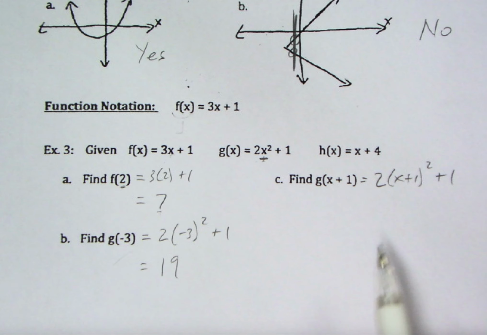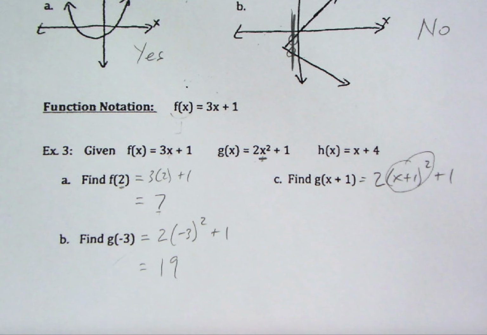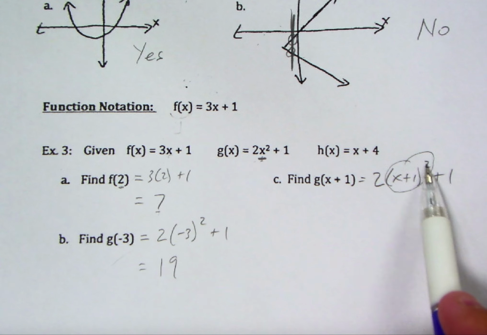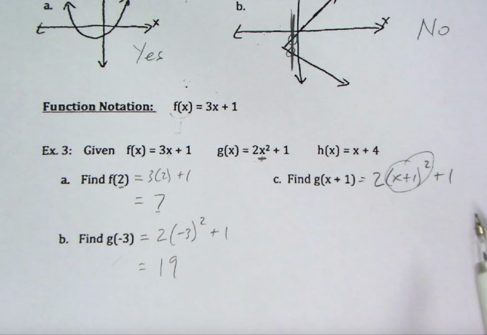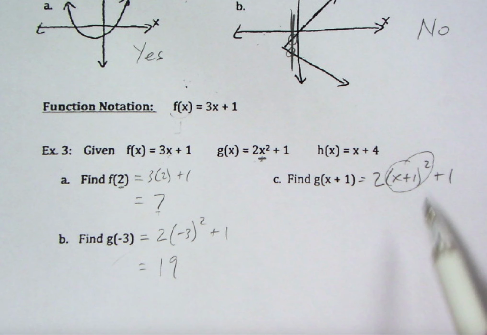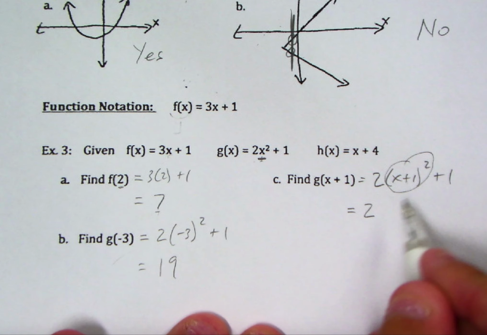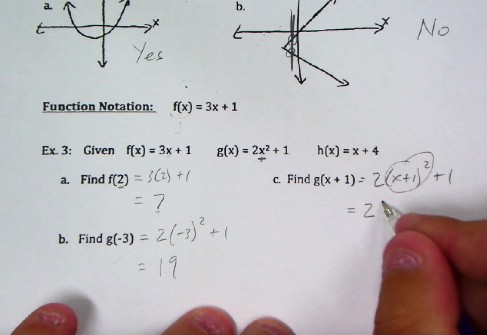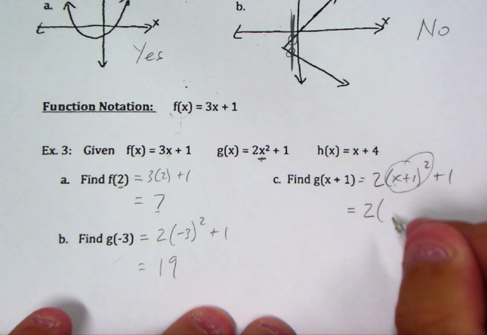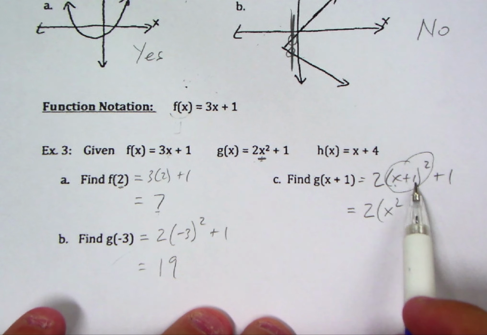Then I would like to clean this up a little bit. So I need to square x plus 1. We have to do the parentheses first. And remember, you can't just distribute this 2 because of the plus sign. This is a case where you either need to put x plus 1 twice and FOIL it out, or whatever the case may be. I always like to use a little shortcut. When you're squaring a binomial, you square the first term. You multiply the two things together and double it.